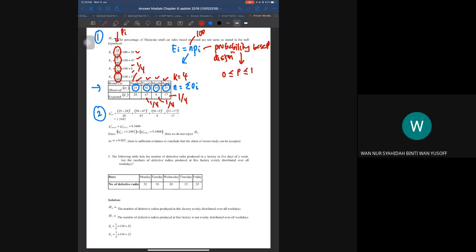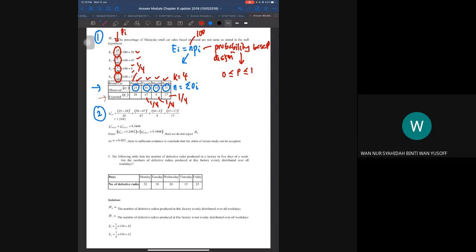Any question for the expected frequency? How to find the expected frequency? Any question? Okay, so then we have the expected frequency. Before we calculate the chi-square, what do we need to do?